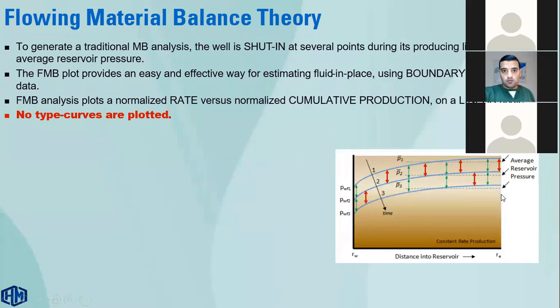In the boundary dominated or pseudo-steady state flow, the reservoir pressure will decline throughout the entire reservoir at the same rate, or at a constant rate, because ∂P/∂t will be constant.